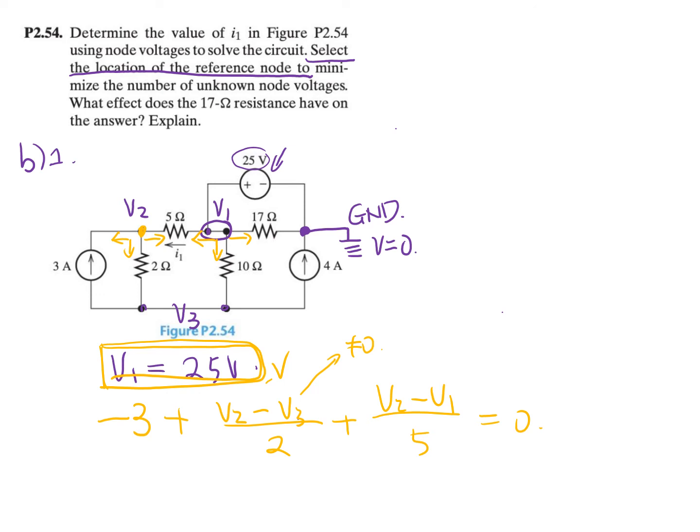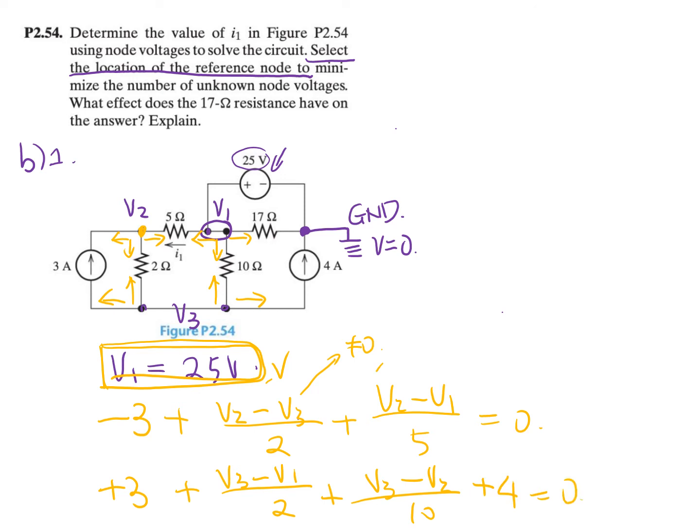Then let's continue to write the KCL equation for node 3. We have all currents flowing away. So the equation is plus 3 amp, the same direction, plus (V3 minus V1) divided by 2 plus (V3 minus V2) divided by 10, and the same direction, plus 4 is equal to 0.